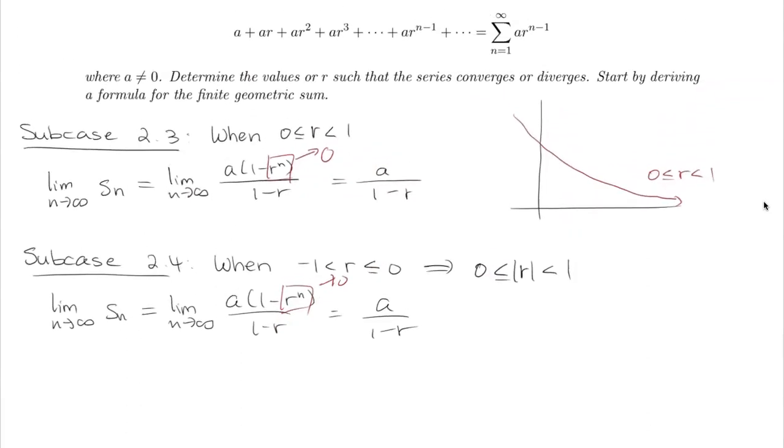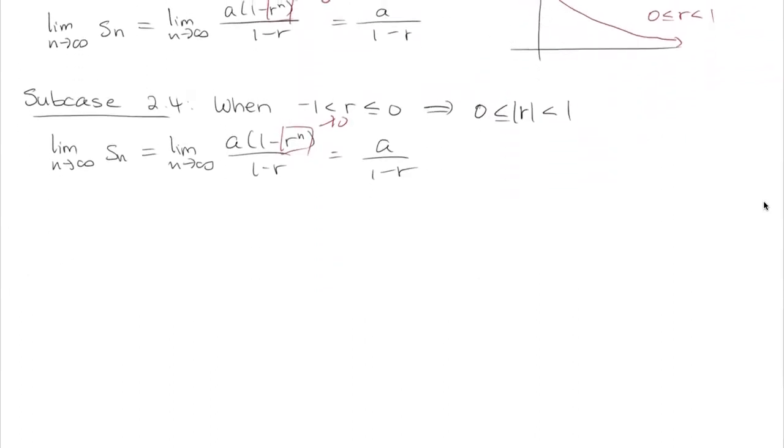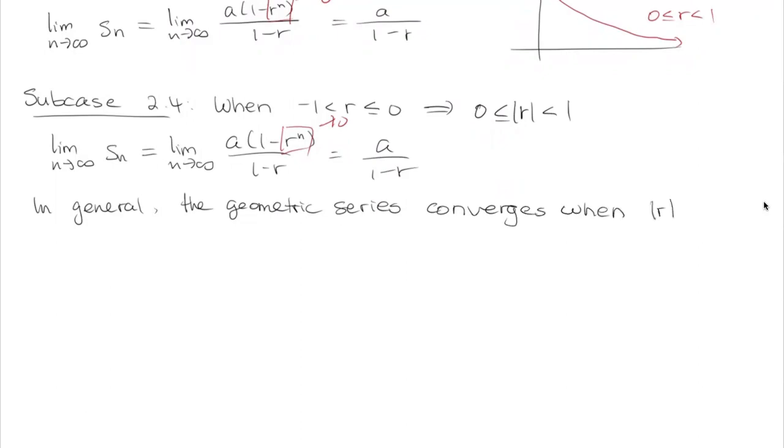So we have found all the cases when the geometric series converges and diverges. So in general, the geometric series converges when the absolute value of r is less than 1, meaning that r is between -1 and 1, non-inclusive.